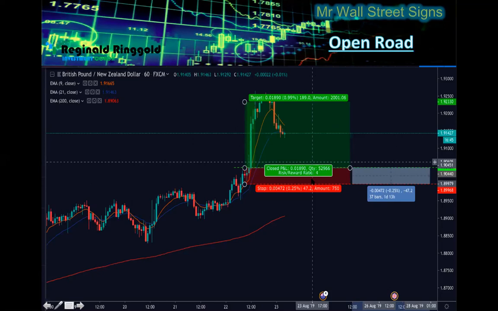This is the open road. Okay. Right here. Distance between your entry and your target. All right. Got to make sure we are following that, because that's very, very important. When you guys call out levels and I say, no, I don't like it because something's sitting straight in our open road and it's no good, you should now know what I'm talking about.